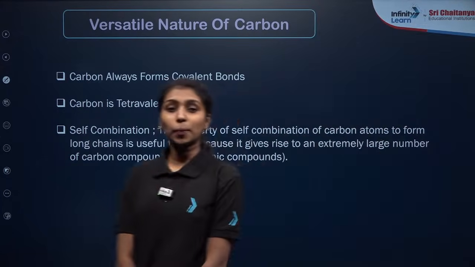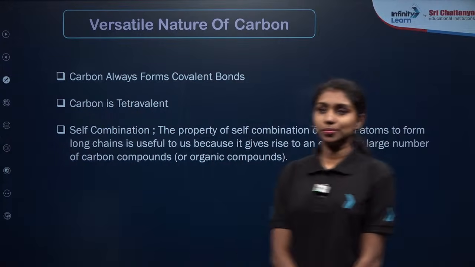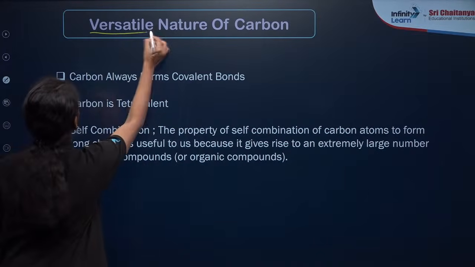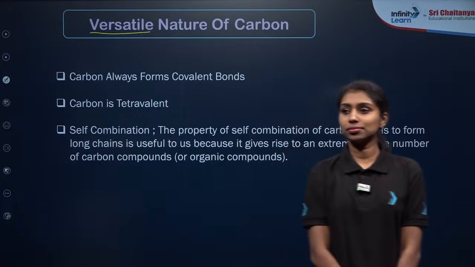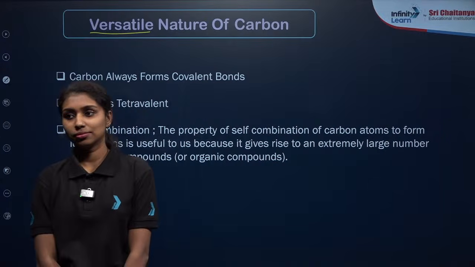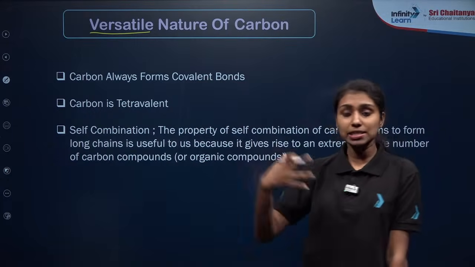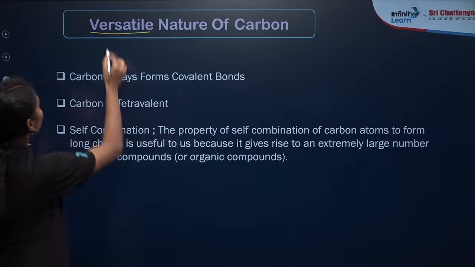So here is the first topic, versatile nature of carbon. What do you mean by versatile nature? Any idea? What do you mean by the word versatile? Okay, this particular word has a particular meaning, which means any substance that can form different compounds or different bonds, right?